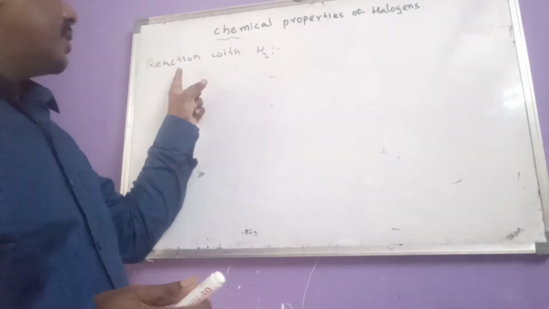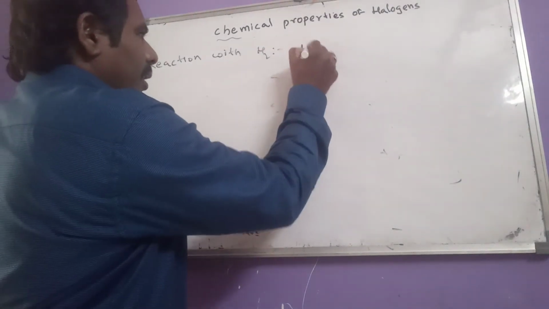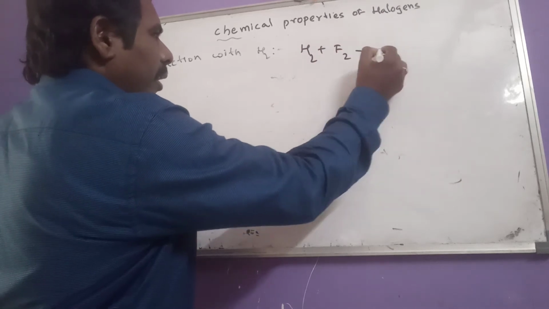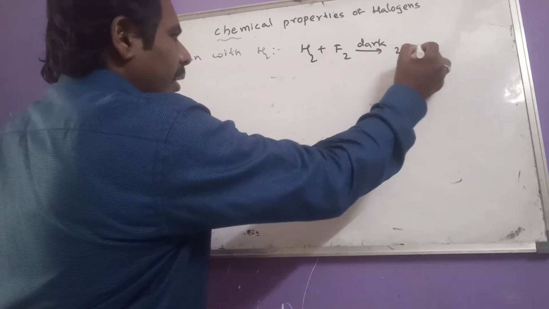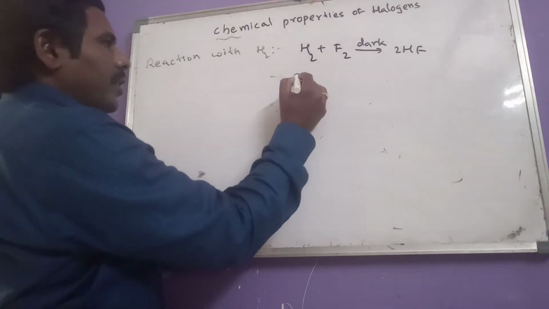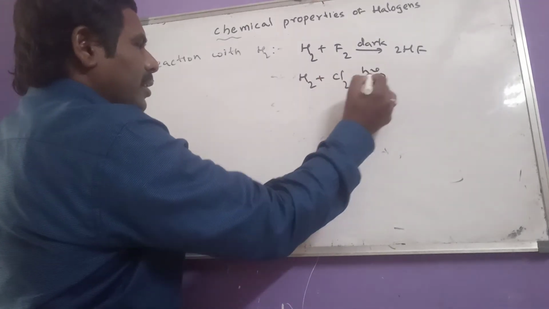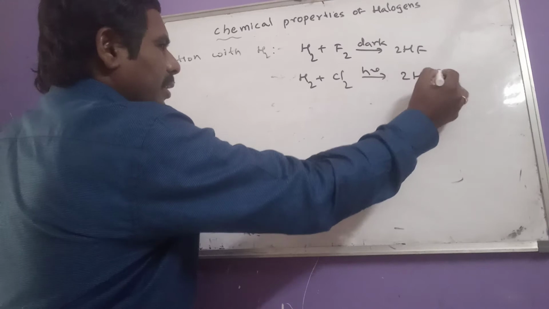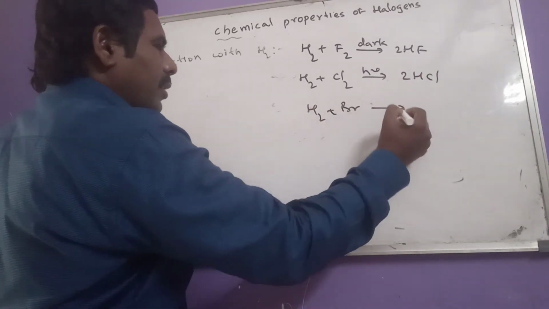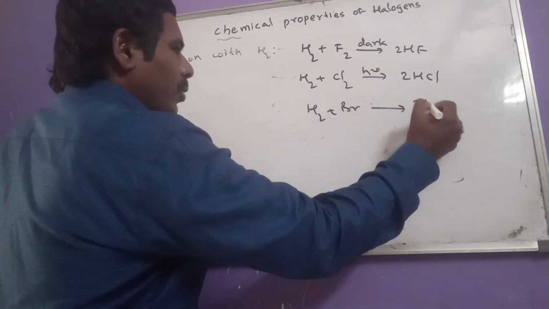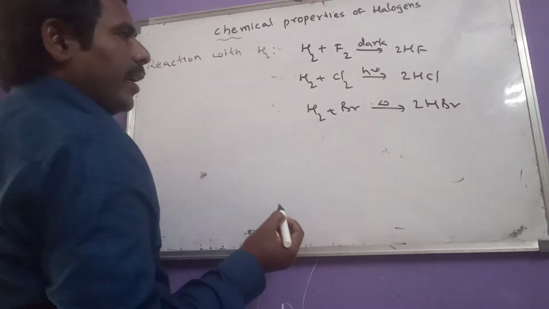Okay, then the first reaction is with hydrogen. When hydrogen is treated with fluorine, as it has high reactivity, even in the dark we get 2HF. As reactivity decreases, chlorine reacts in the presence of sunlight to give HCl, and bromine reacts with hydrogen to give 2HBr, but here we have to use some heat energy.